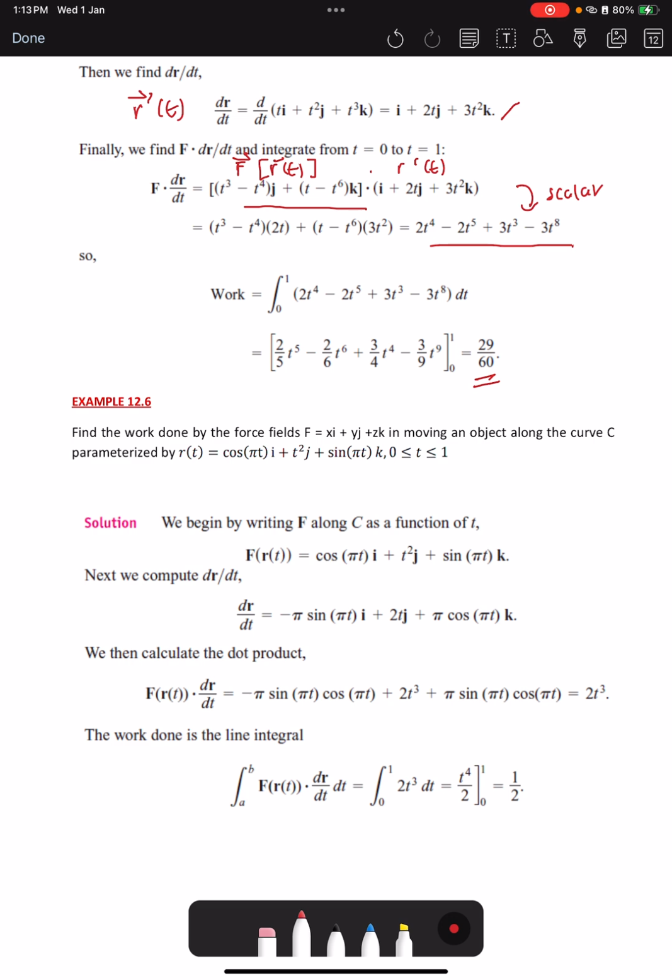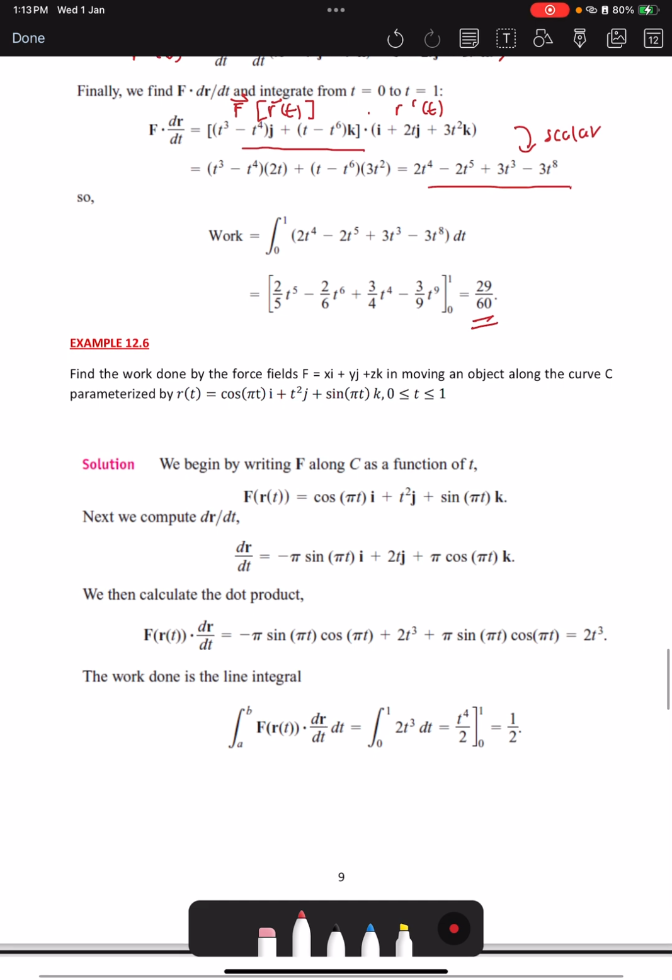And let's look at another example, 12.6, where you need to find the work done by the force field (x, y, z) along the curve parameterized by r(t) equals cos pi t, and then t to the power of 2, and then sine pi t.